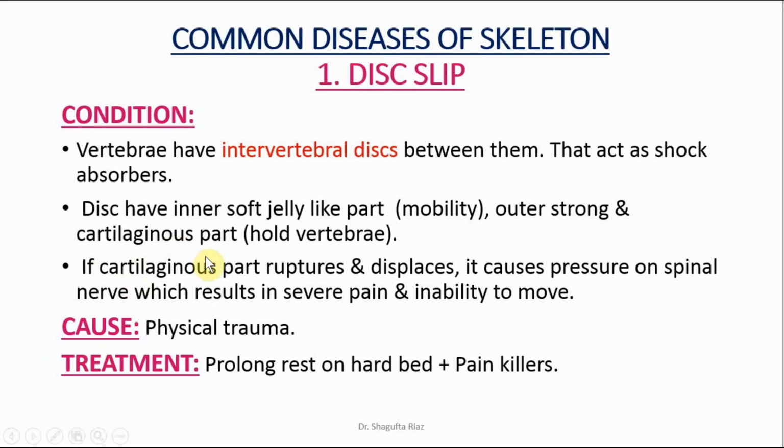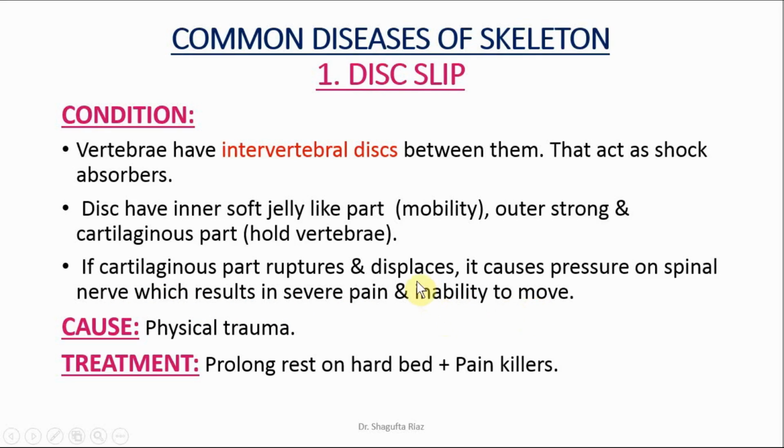When the cartilaginous part of this disc ruptures or displaces, it basically exerts pressure on the spinal nerve, which is going through the vertebral column, and it results in severe pain and inability to move.